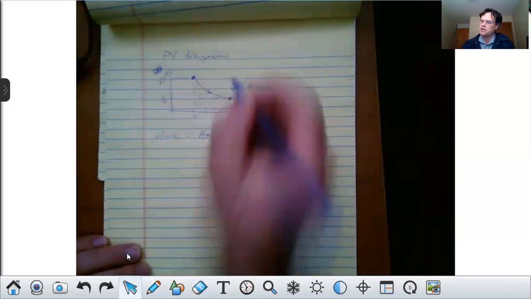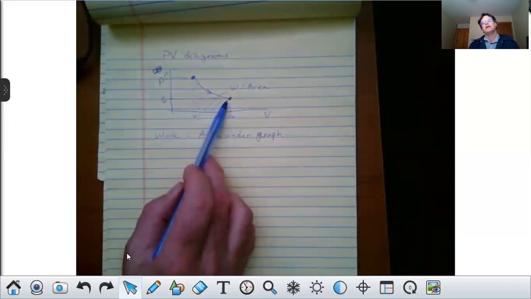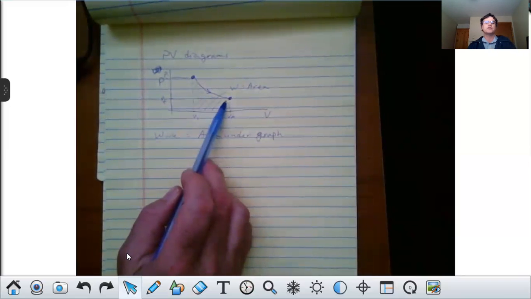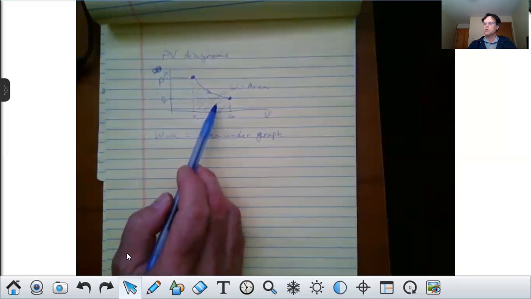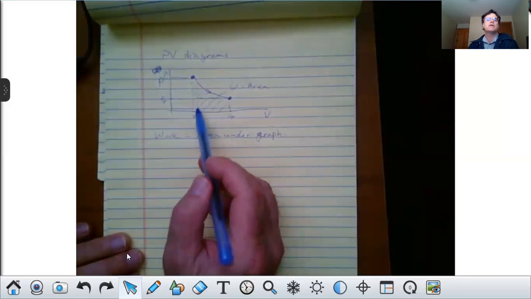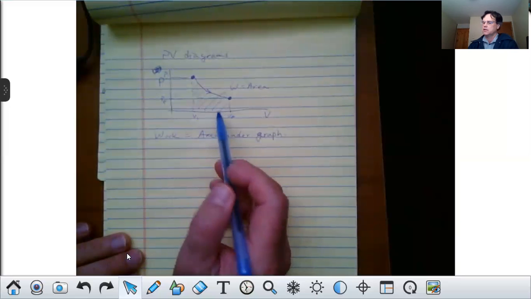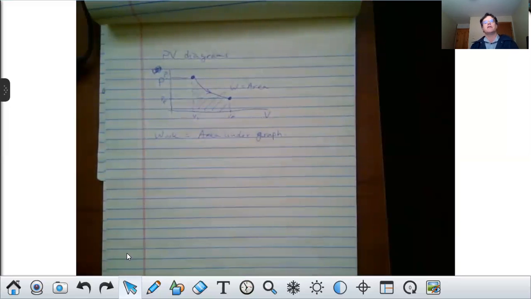If I am going this way along this curve, I am changing from a certain pressure to a certain other pressure, and my volume is also expanding, so the gas is going to do work. And in fact, just by the definition of the integral, the work is equal to the area under this graph. So work is the area under the graph in a PV diagram.